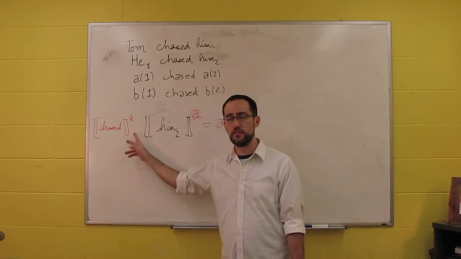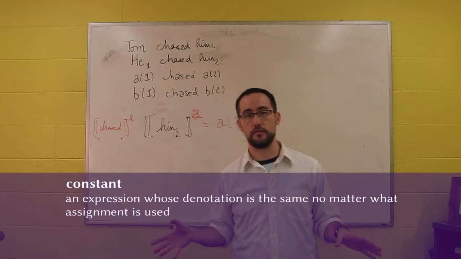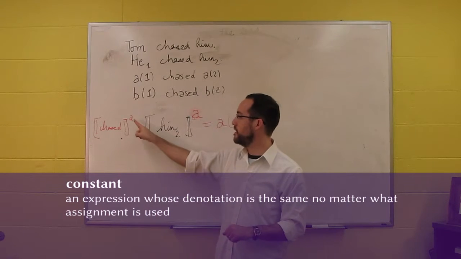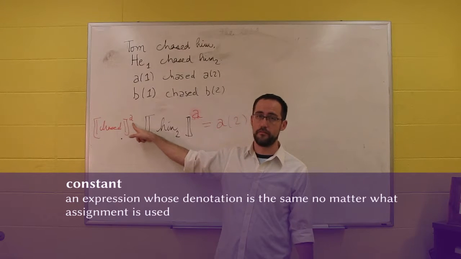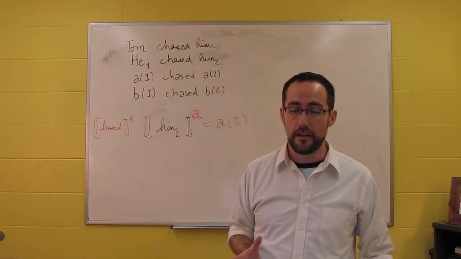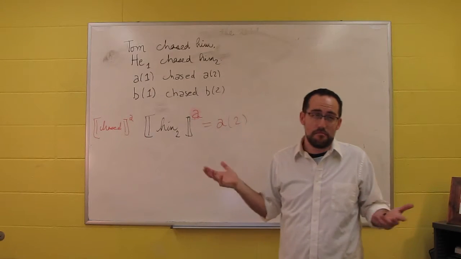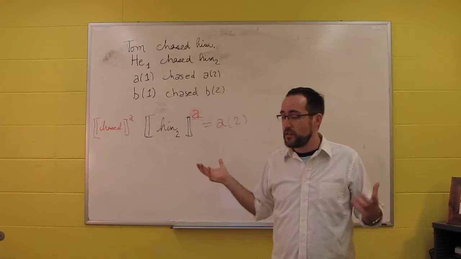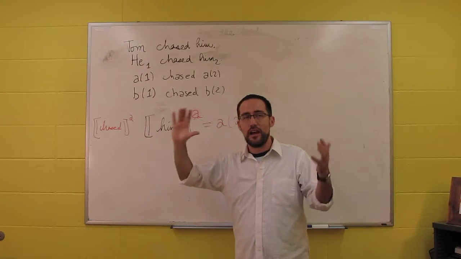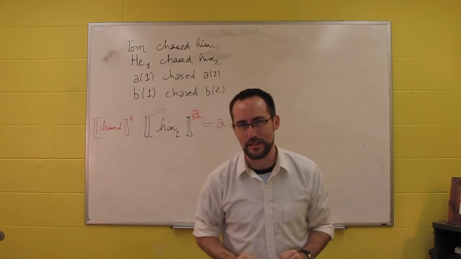Chaste is a constant, and as a constant, it means the same thing no matter what the assignment is. So there's no harm in just slapping this assignment on it. So far, so good. In that case, we just compose these, and basically, we've done all this tweaking. Nothing has actually changed in the composition process.